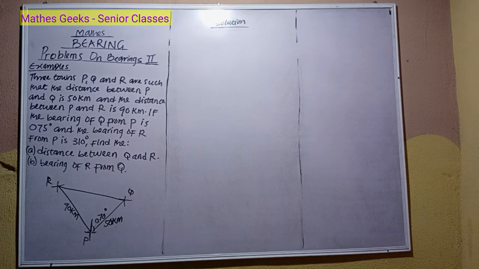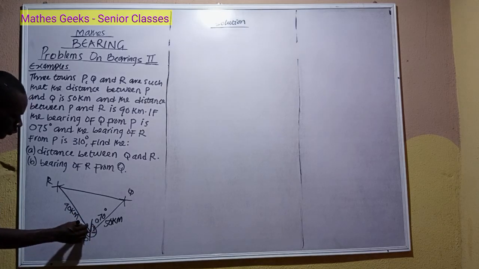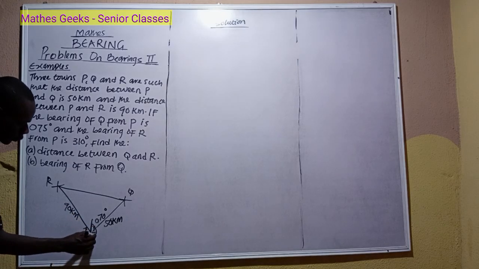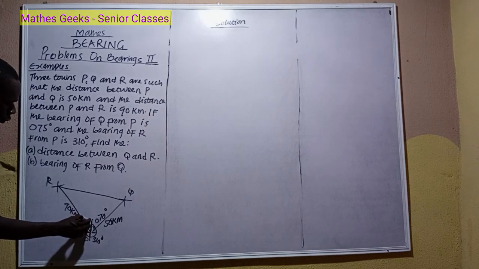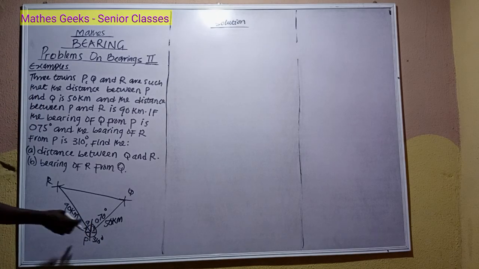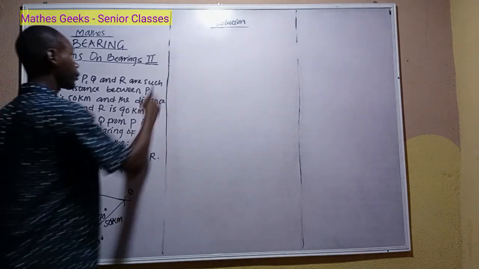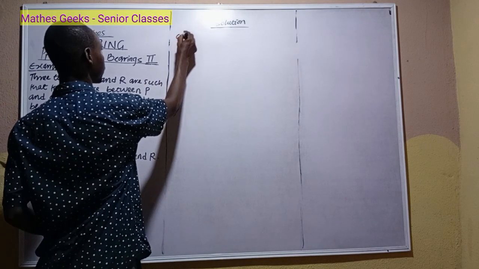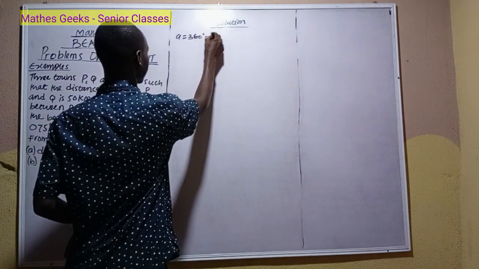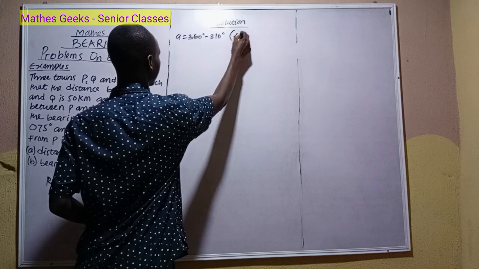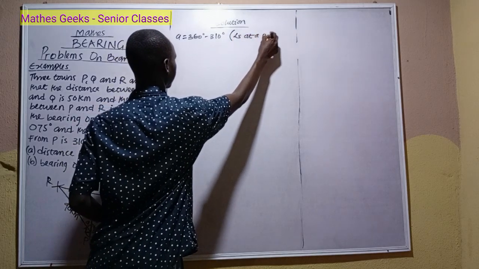So RQ. From here to here is 310 degrees, so we need to know here. Let's call it A. If here is 310 degrees, A is equal to 360 degrees minus 310 degrees, because of angles at a point.